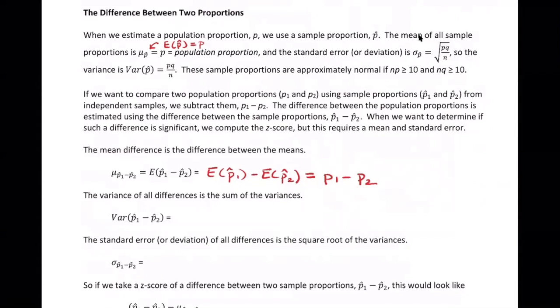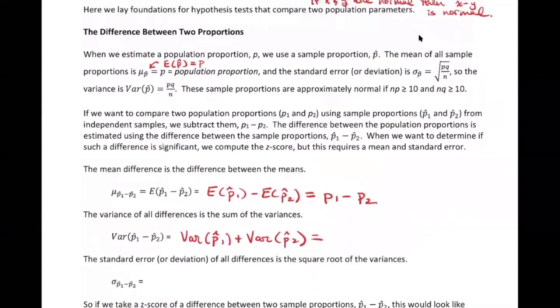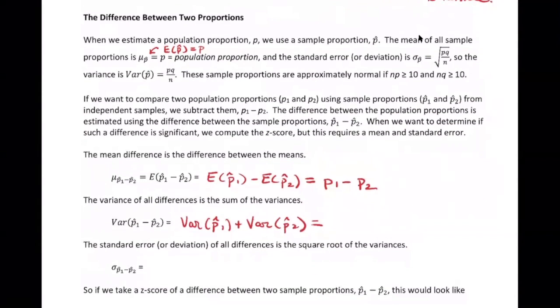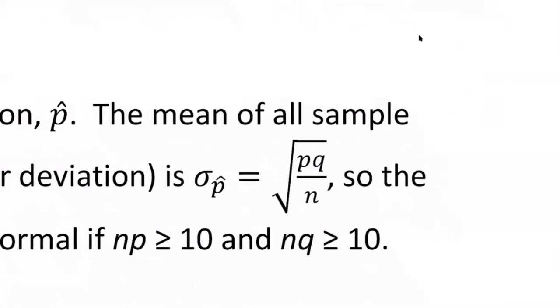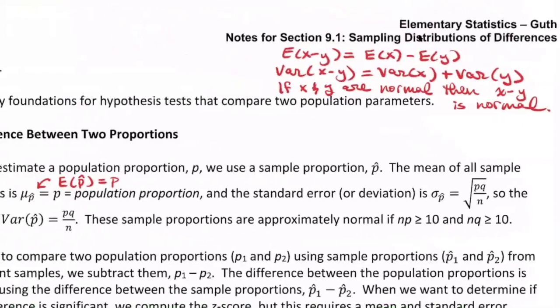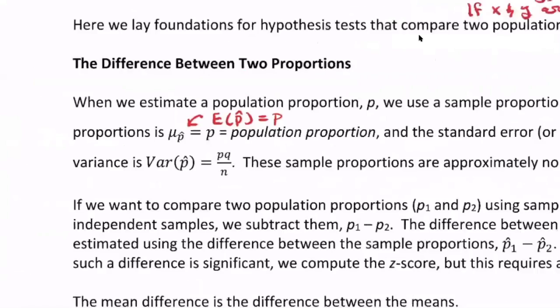The variance of differences is the sum of the variances. So the variance of a difference between p hat 1 and p hat 2 is the variance of p hat 1 plus the variance of p hat 2. Then you just have to remind yourself what the variance of a sample proportion is. The standard deviation of a sample proportion is the square root of PQ over N, and so the variance squares it, and you just get PQ over N. But there's two of them.